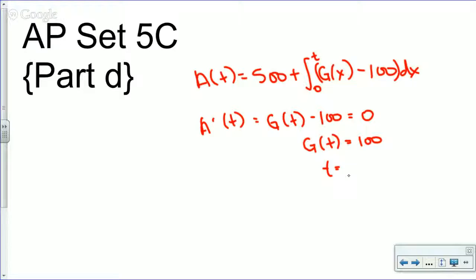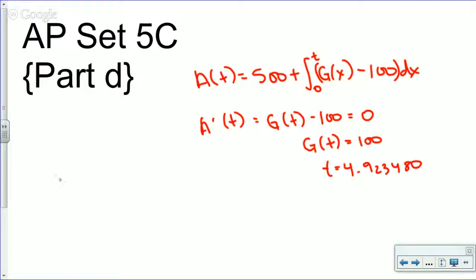I'm getting about 4.923. Now, it is really important, guys, that you do not round until the end, right? Because that could mess up your end decimal by a teeny bit, and then you could be marked off. Okay, so that is where the derivative is 0.